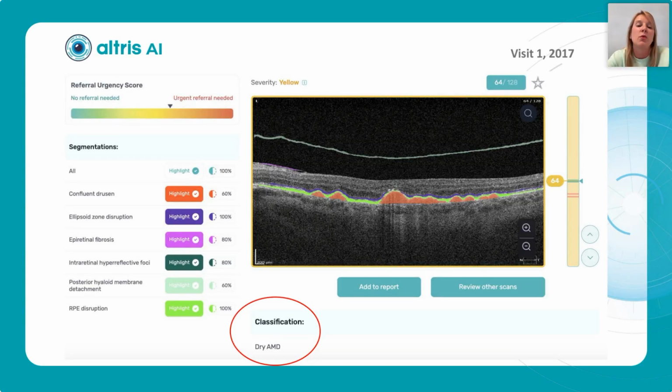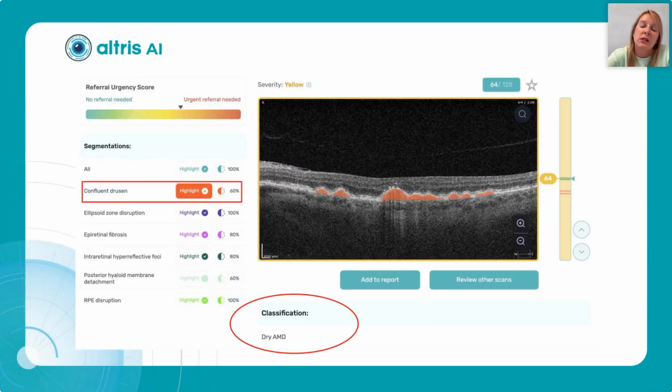In the lower part of the slide, you can see the classification. Classification means the diagnosis recommendation, and this is very important. This is what I was telling you: Altris is not replacing the doctor. Altris can give you an idea of what it can be. By analyzing the scan, AI thinks that this OCT probably belongs to a patient with dry AMD.